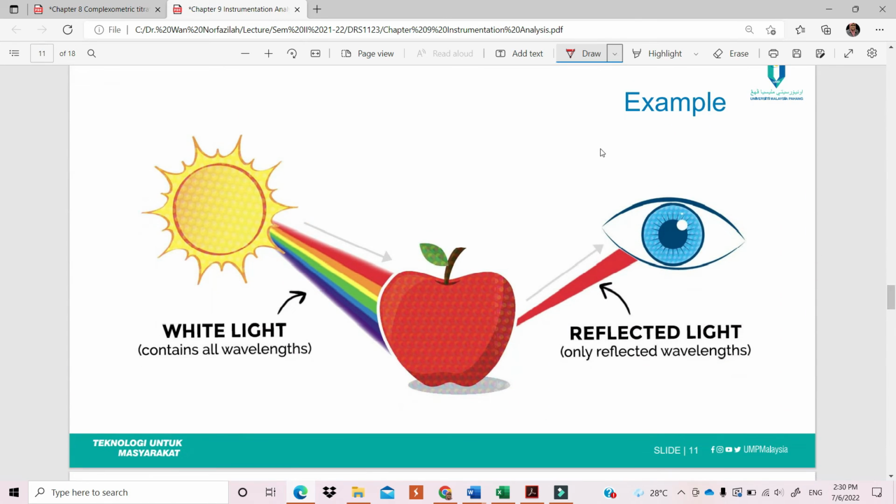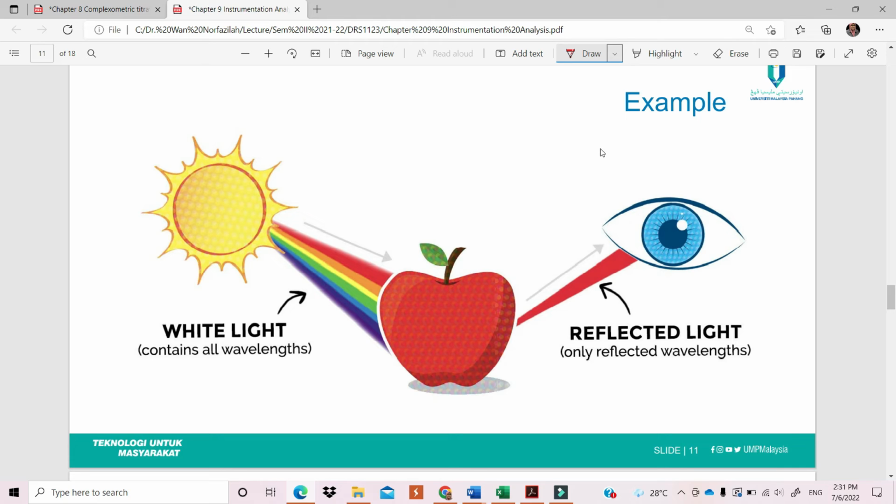Okay, so for example here, the white light from the sun consists of a few colors, right? So rainbow colors lah. This white light contains all the wavelengths. But once it interacts with matter, so this apple is one of the matter in solid form.